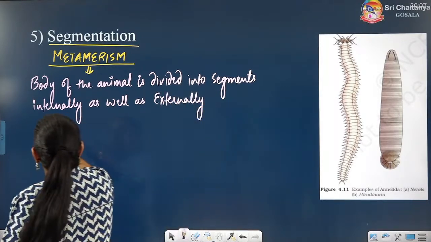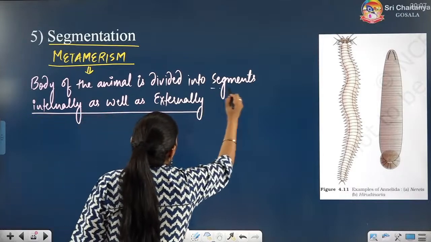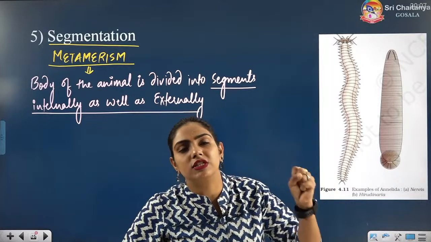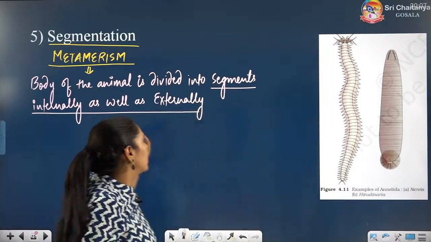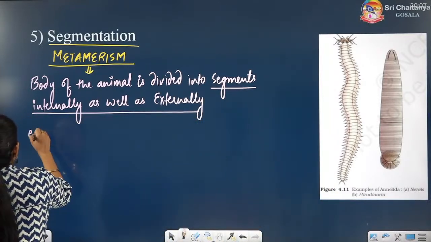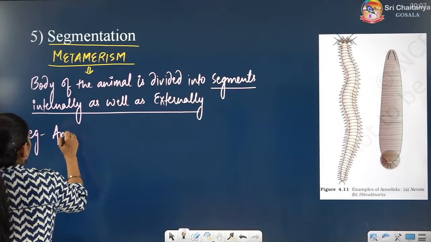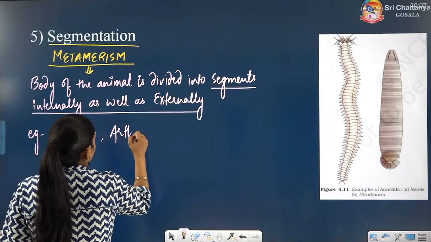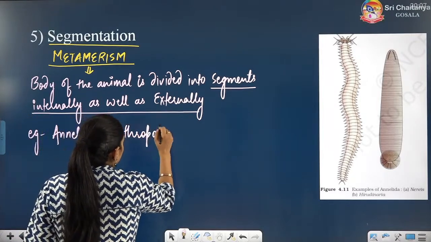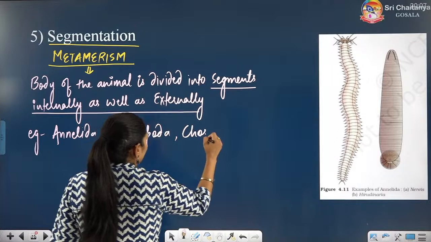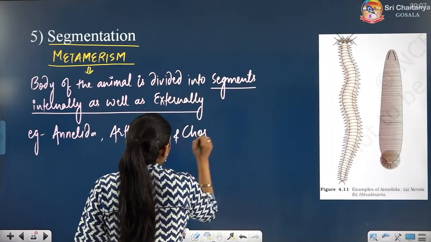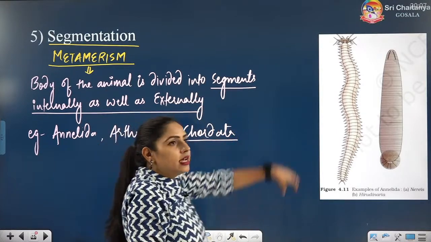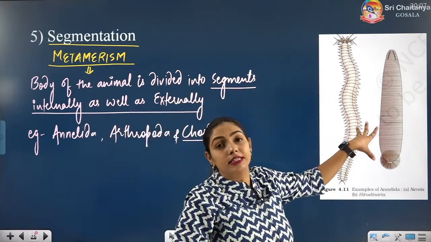So if the body of the organism is divided into segments from the embryonic life, this will be true metamerism. This is seen in only 3 phylums: Annelida, Arthropoda and Chordata. So don't think that in Chordata we are not able to see these kind of segments.